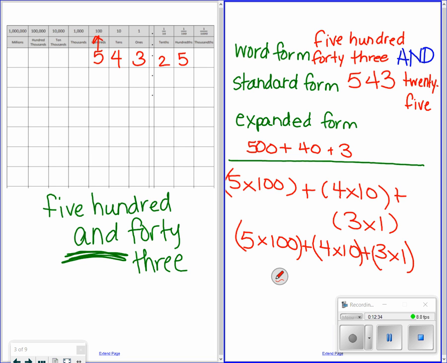Now, when you're saying decimals, the value of the decimal takes the name of the last digit. What is the last digit in that decimal? 5. Where is it?